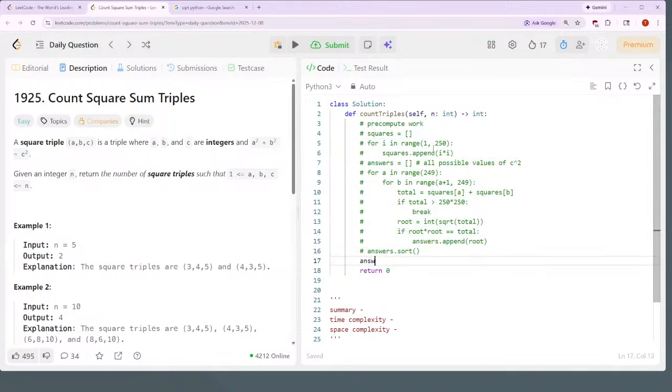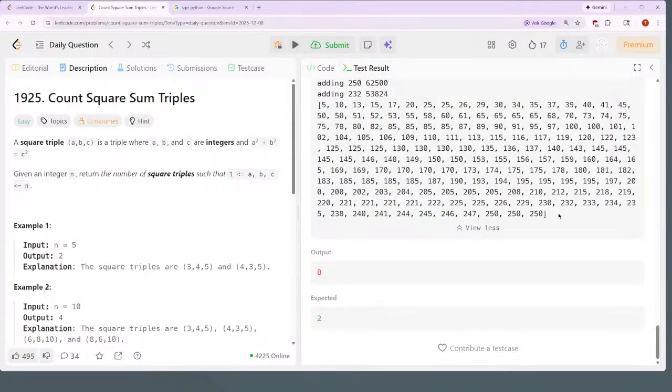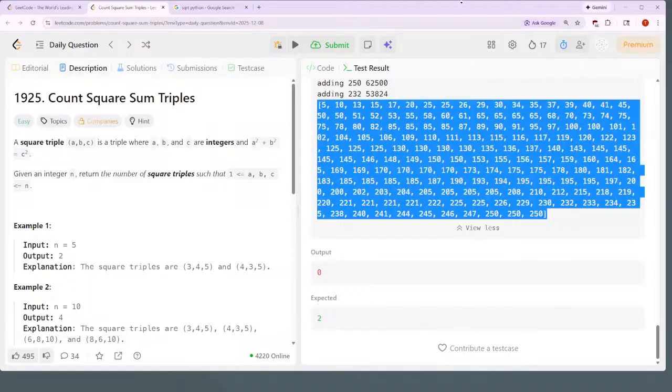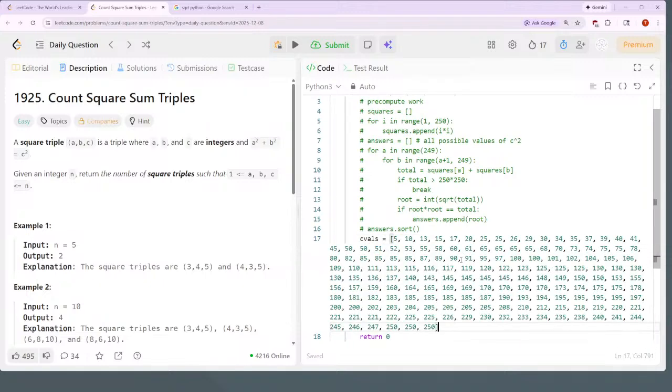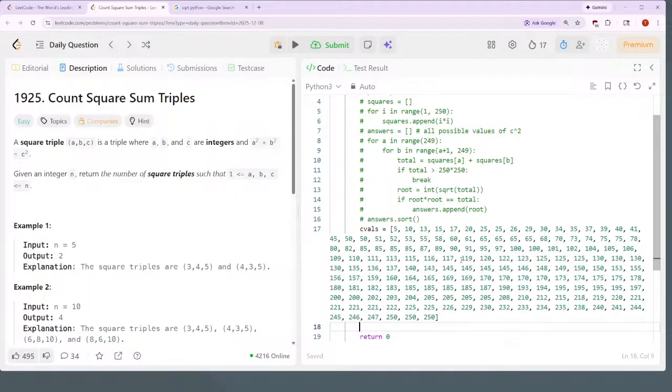And I'll say answers is equal to this. Whoops. It's equal to this. Maybe I'll call this the C values.